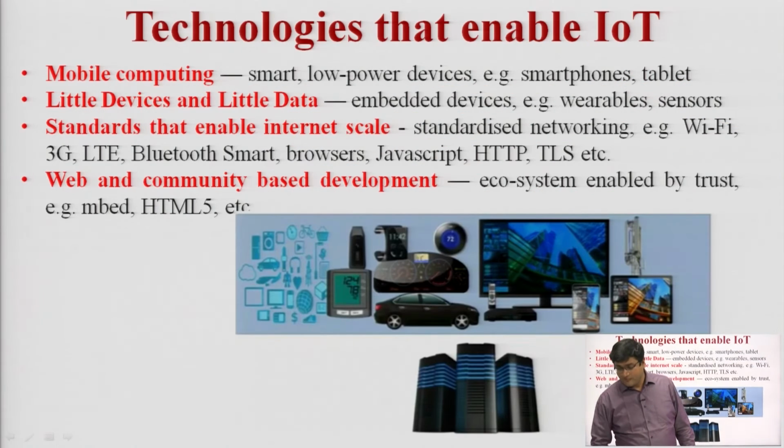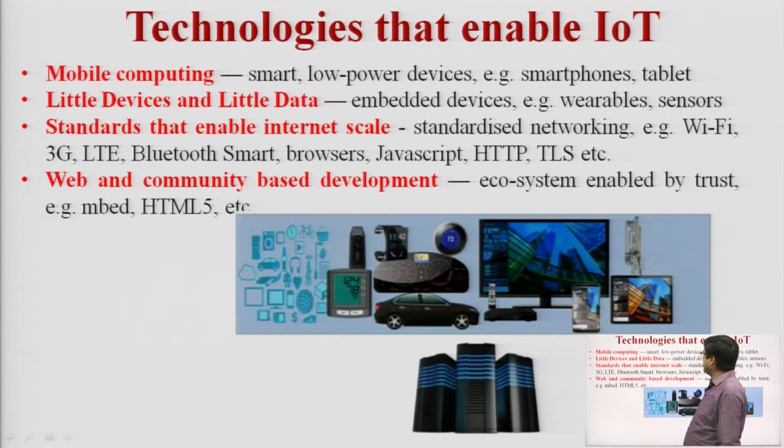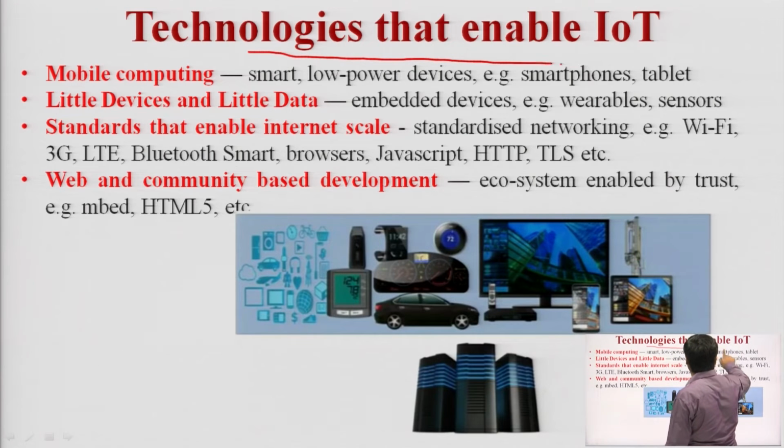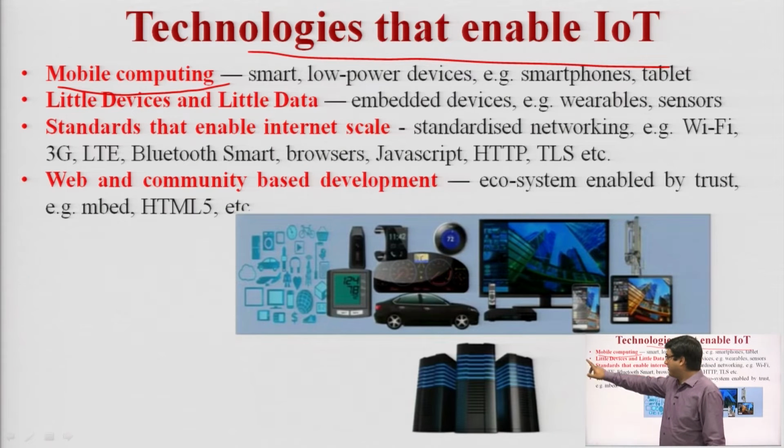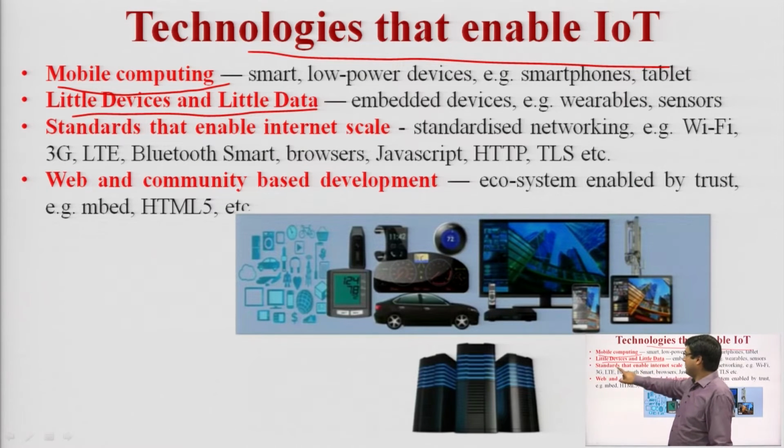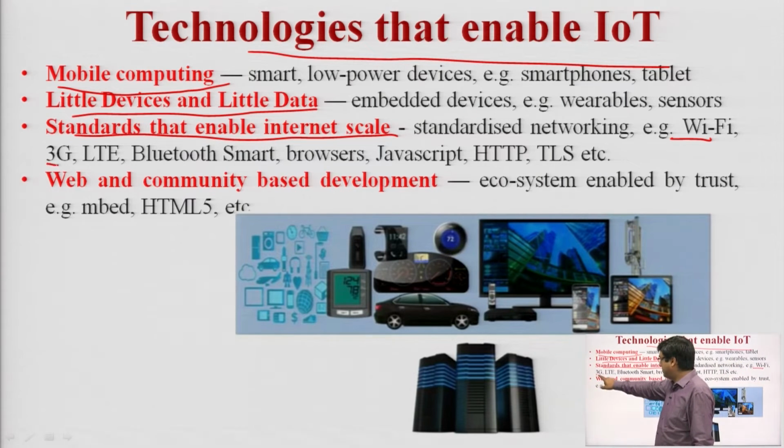Now the question is, what are the main technologies that enable an IoT system? First is mobile computing, second is little devices and little data, and standards that enable internet scale, like Wi-Fi, standardized networks, 3G.